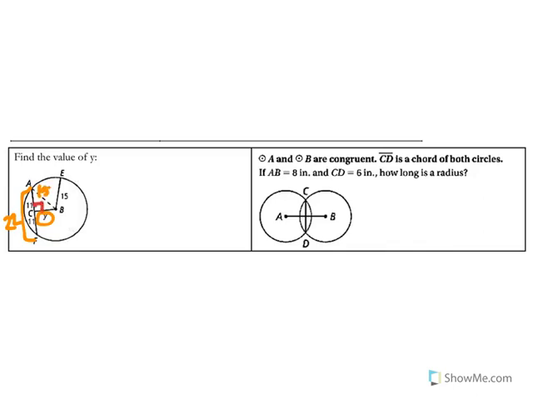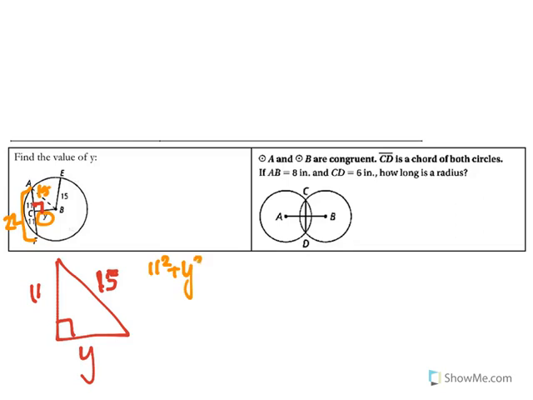We are going to use our little right triangle right here. We know this is 11. I know that's 15. And I'm going to use this as y. So again, our friend the Pythagorean theorem. 11 squared plus y squared equals 15 squared. 121 plus y squared equals 225.